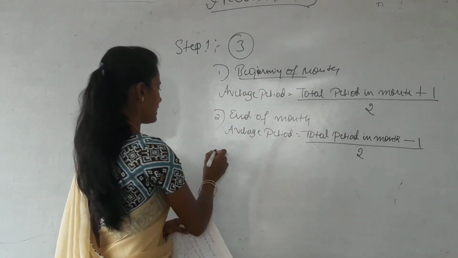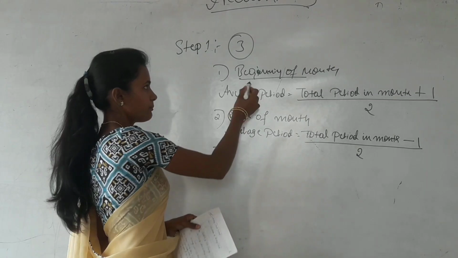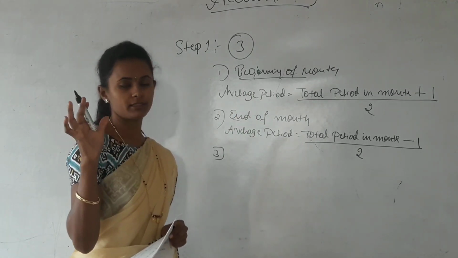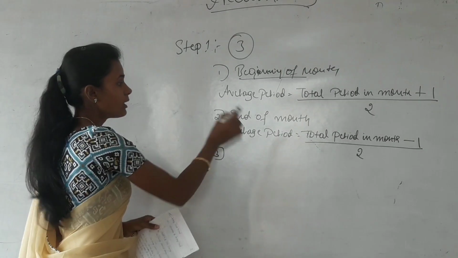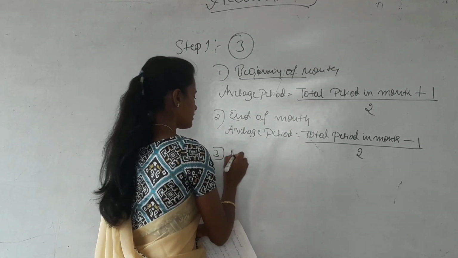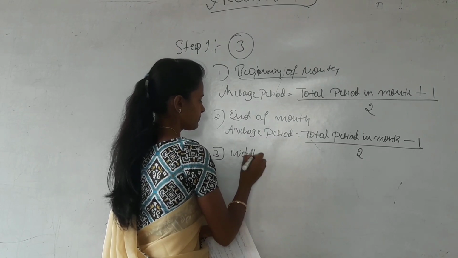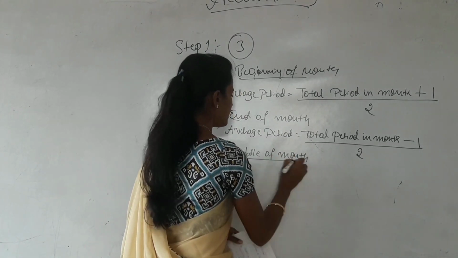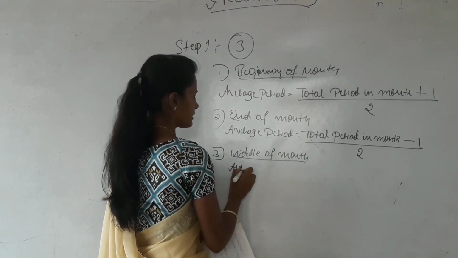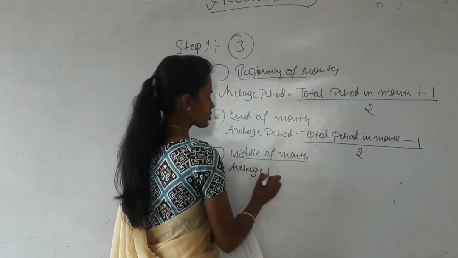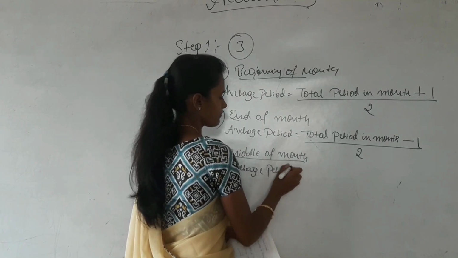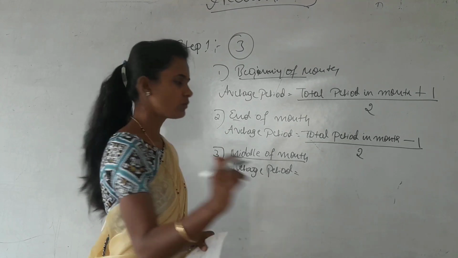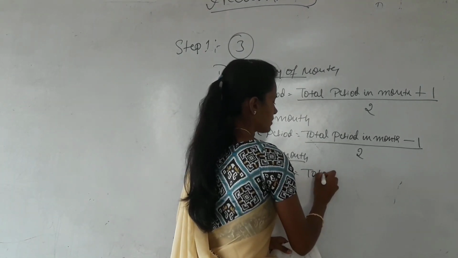The third formula: beginning is done, ending is done, and the next one is middle of a month. If the drawings are made in the middle of a month, the average period is equal to total period in months divided by 2.